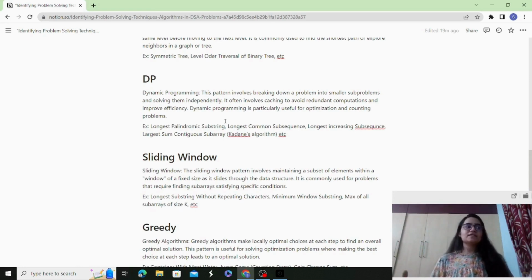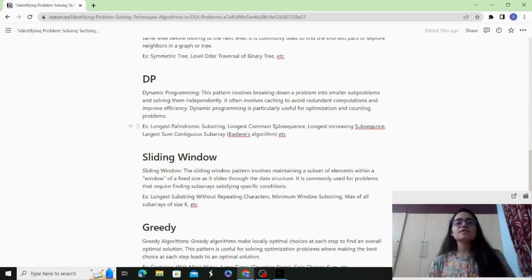Malayalam is a palindrome example because Malayalam read from front to back and back to front is the same. So to find the longest palindromic substring, where a string is a combination of letters or characters, this is one example of dynamic programming.